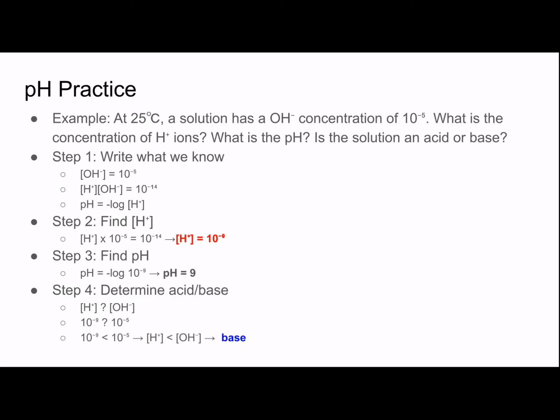And remember that even though 9 seems like it's larger than 5, it's 10 to the negative 9th, which is actually less than 10 to the negative 5th, right? Because 10 to the negative 9th has more zeros after the decimal point, which means that the hydroxide ion concentration is greater than the hydrogen ion concentration, which means that it is a base.